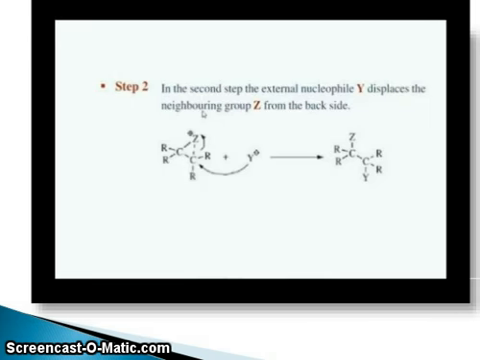In the second stage, this three-member ring ruptures, forming this product. In the second step, the external nucleophile Y displaces the neighboring group Z from the backside.